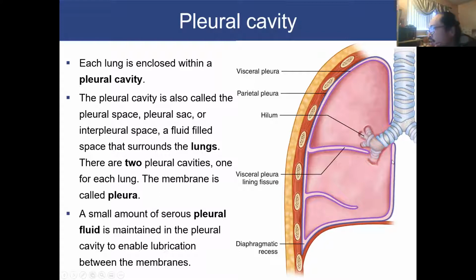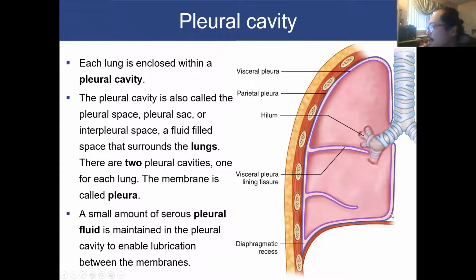And this location is called the hilum. The hilum is where the bronchus enters into the lung. And at the hilum, this visceral pleura meets the parietal pleura.